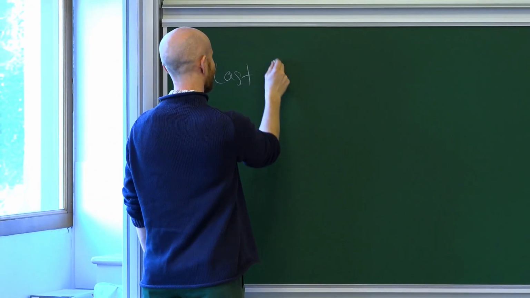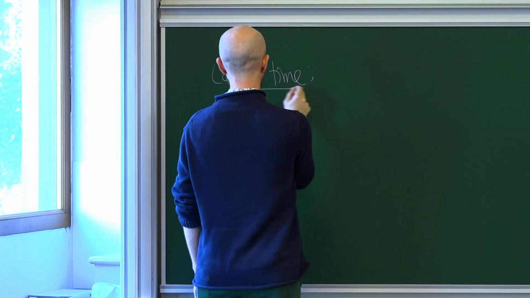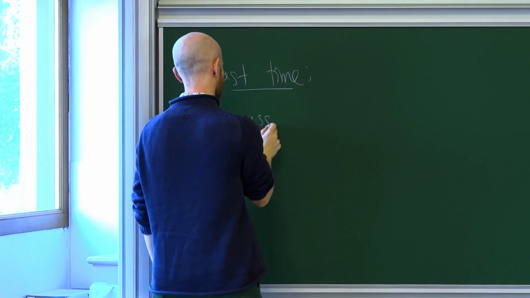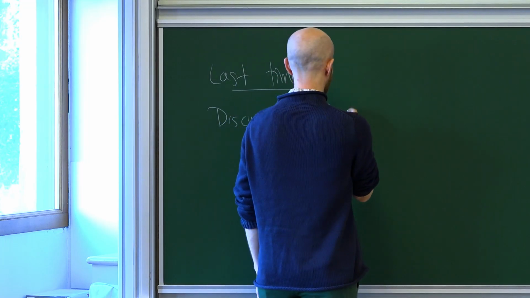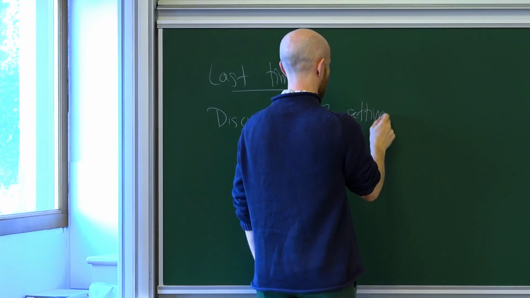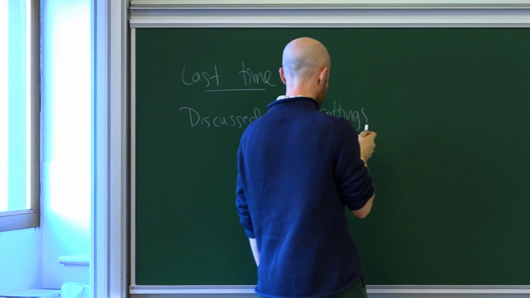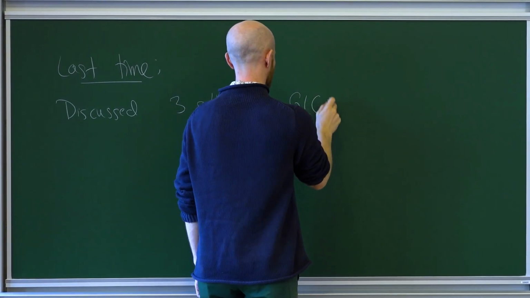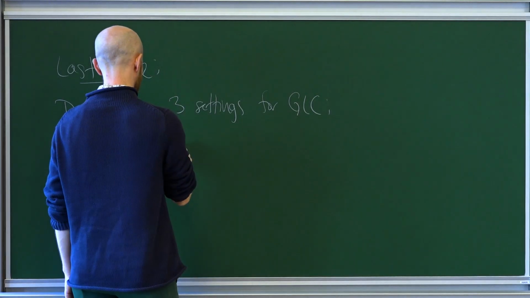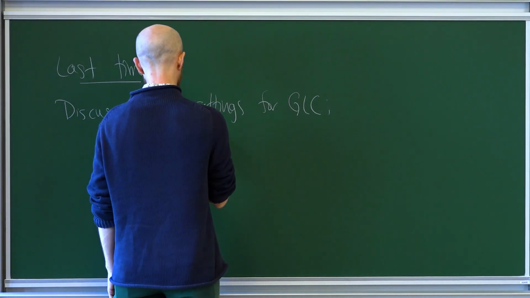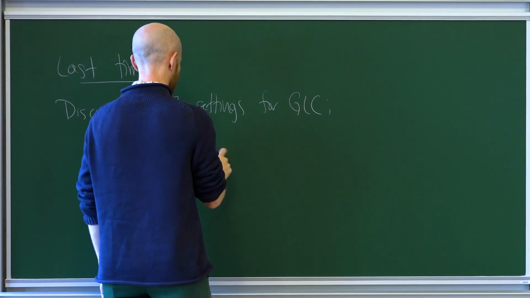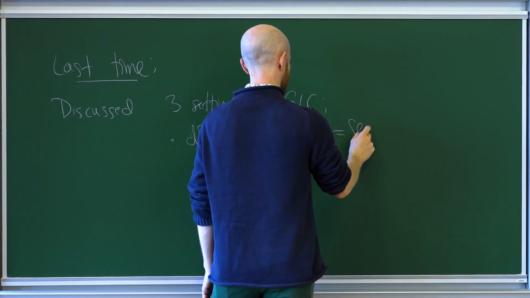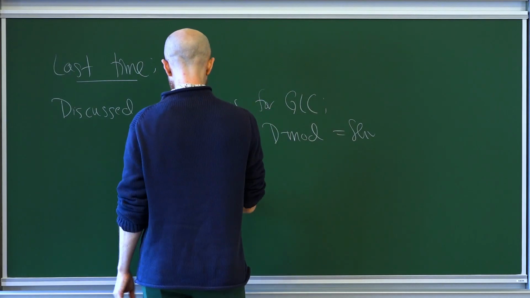Okay, so what happened last time? We discussed the three settings I want to discuss in these lectures for global unramified geometric Langlands correspondence. The first was the de Rham world, where we deal with D-modules as our category of sheaves.